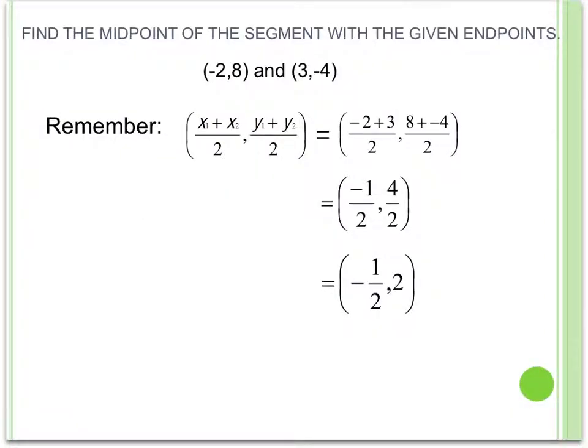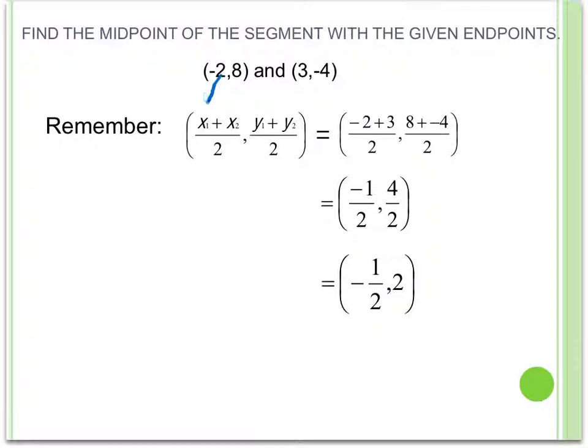Let's do an example. Find the midpoint of the segment with the given endpoints (-2, 8) and (3, -4). Now remember, the midpoint formula is x sub 1 plus x sub 2 divided by 2, and y sub 1 plus y sub 2 all divided by 2.